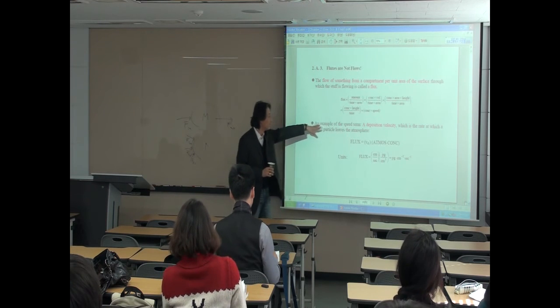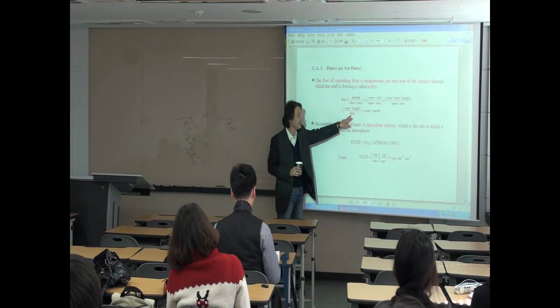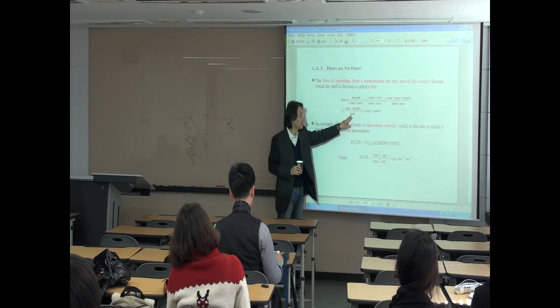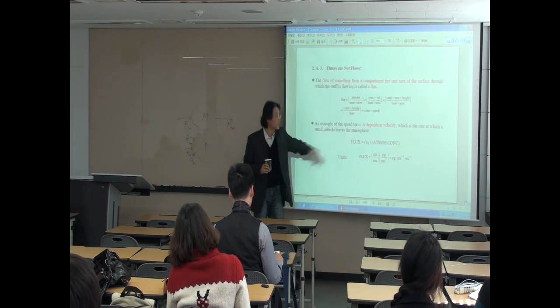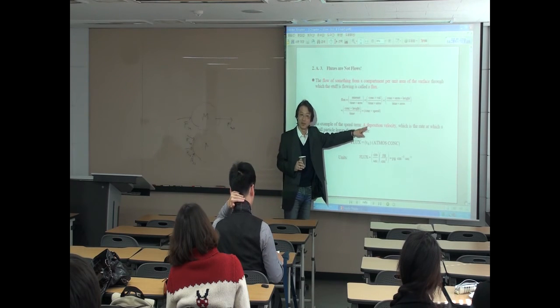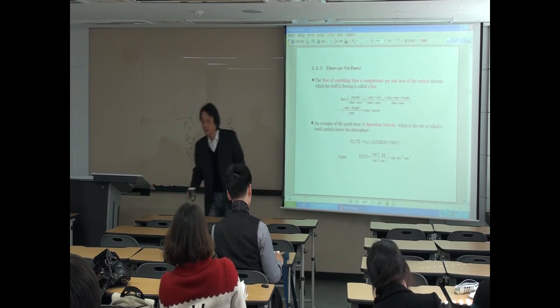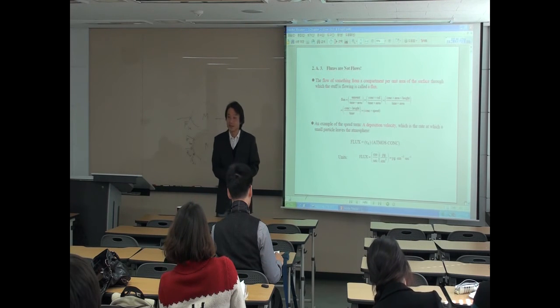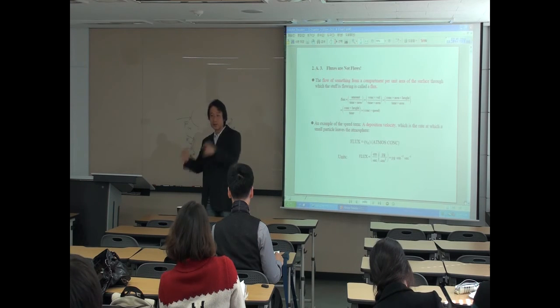So, well, think about this. Height divided by time. This is length divided by time, velocity, right? But we are using height, not distance or length. Sometimes we call it deposition velocity. Think about this. As I already taught, the PBDE fire retardant can be easily transported from one area to the other.